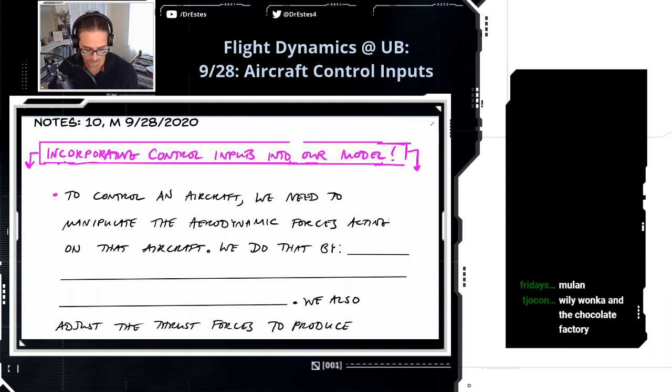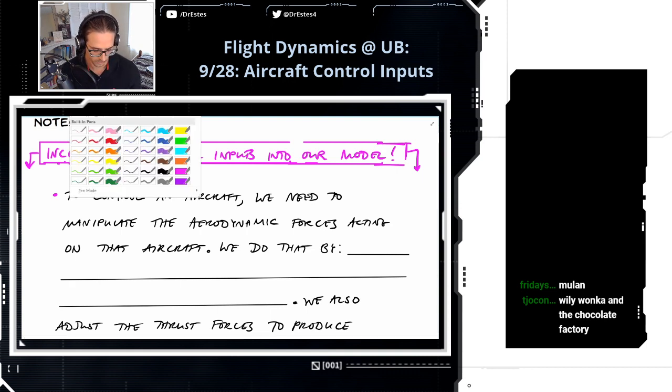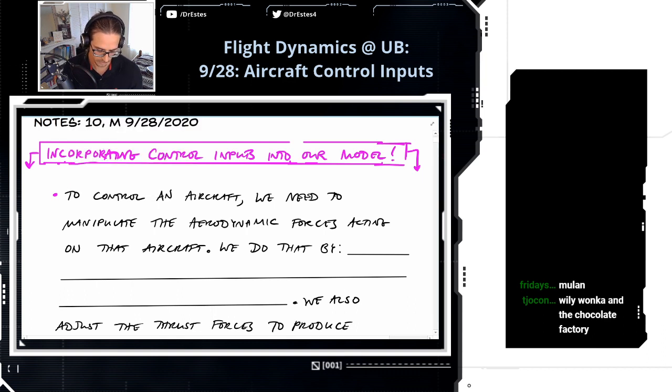To control an aircraft, we need to manipulate the aerodynamic forces acting on that aircraft. And the major way we do that is by actuating the control surfaces.